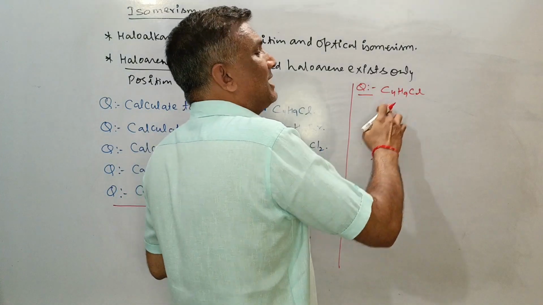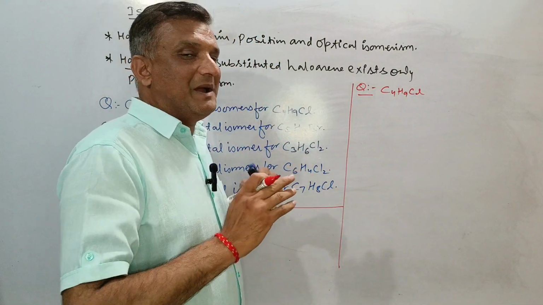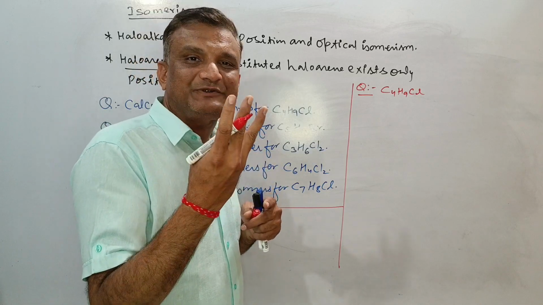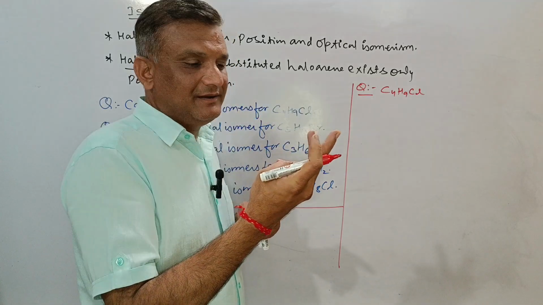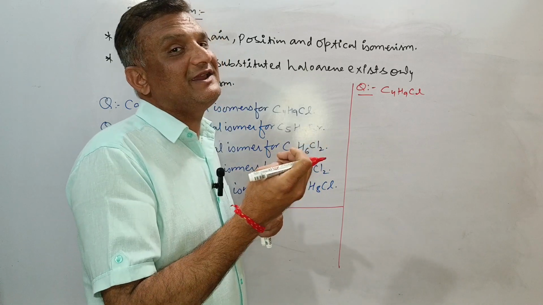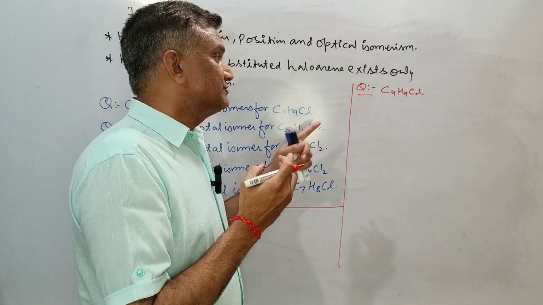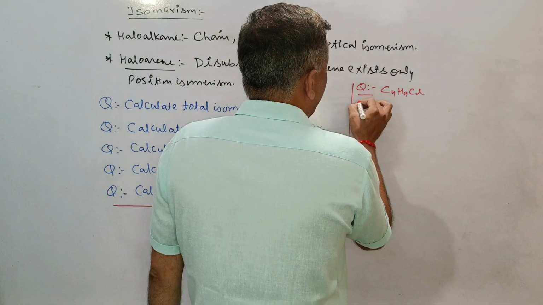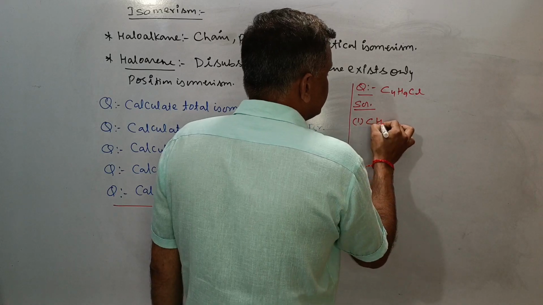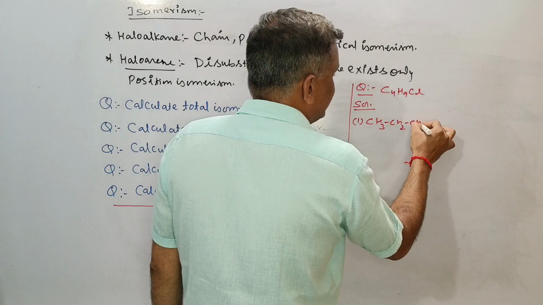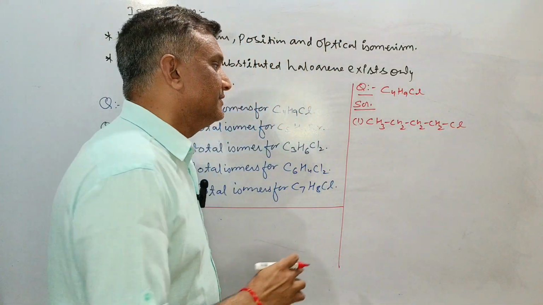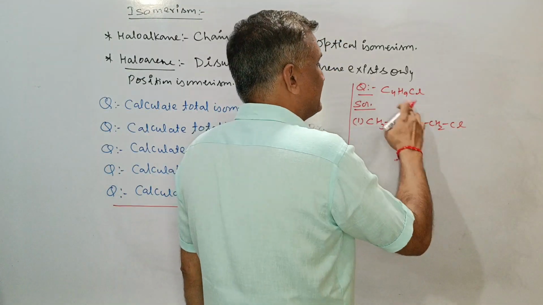Regarding 4 carbon, how to learn: I have already told you about substituents, that for 4 carbon you will have 4 substituents. It will be n, iso, secondary and tertiary. So here there will be 4 isomers. What are they? Listen to me carefully. First is CH3, CH2, CH2, CH2Cl as the n isomer. You can count 3 to 5 to 7 to 9 and 1 Cl.